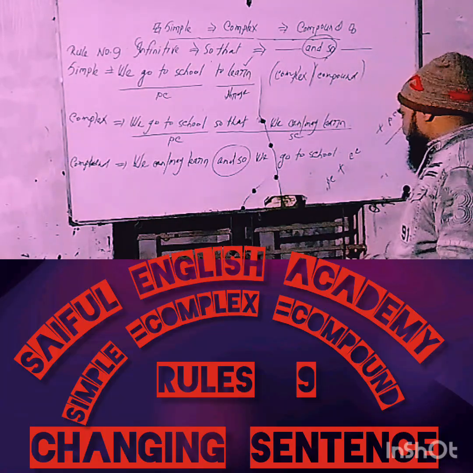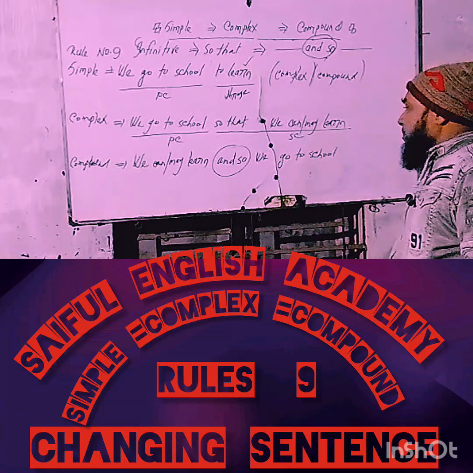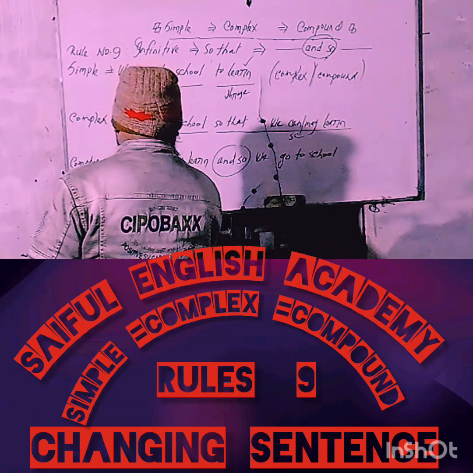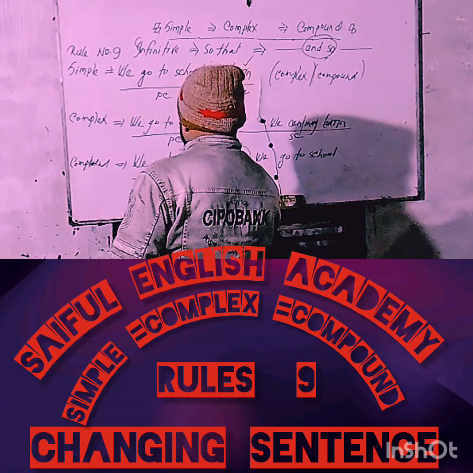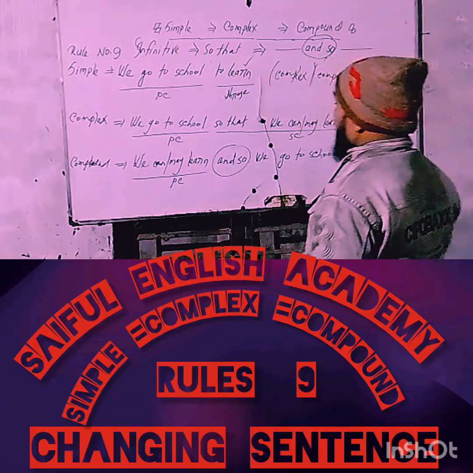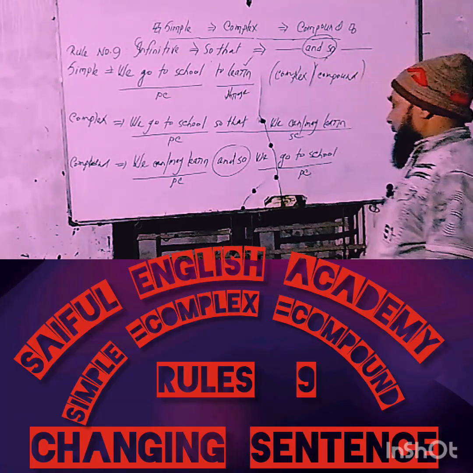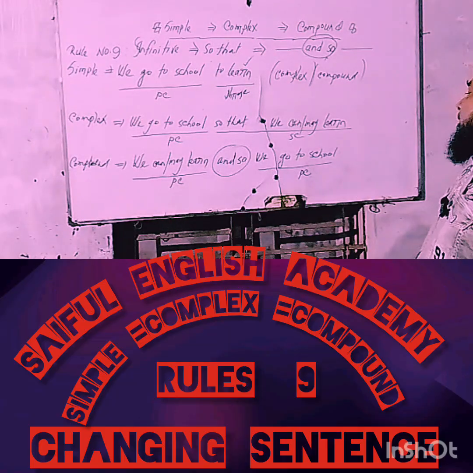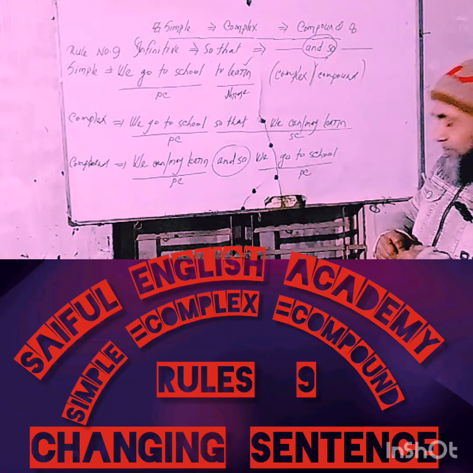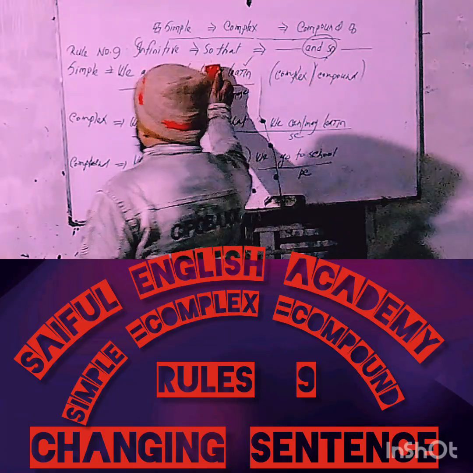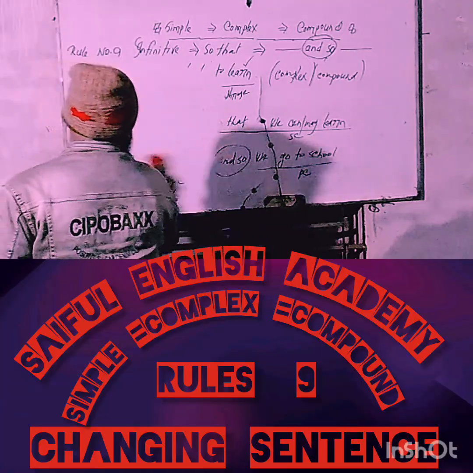Already, this sentence has been changed into a compound sentence because there are two principal clauses in this sentence. One principal clause, we can learn, and another principal clause, we go to school, which are joined together by the coordinating conjunction and so. Hope that you have understood clearly.